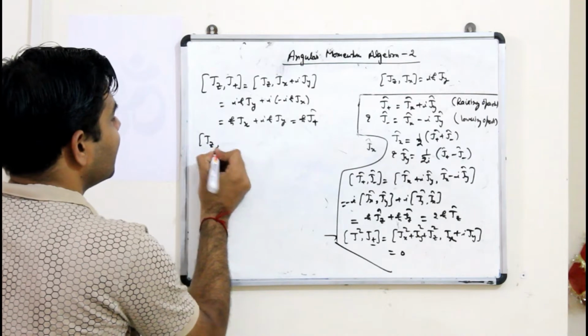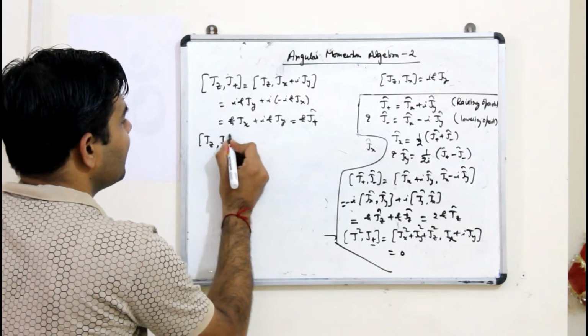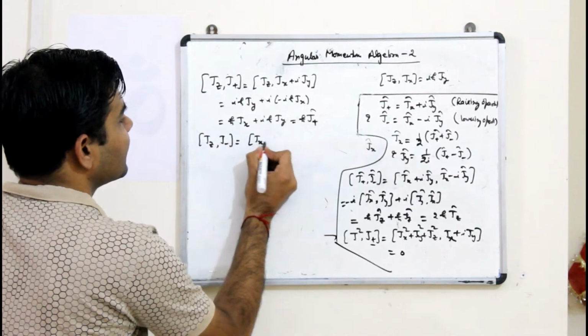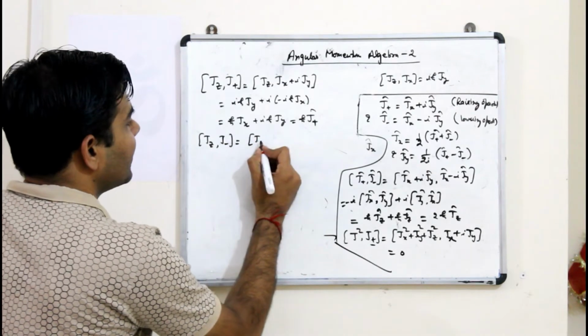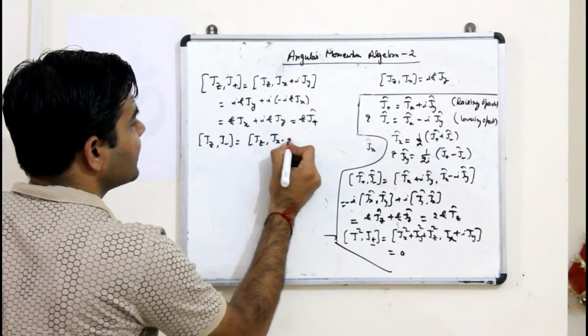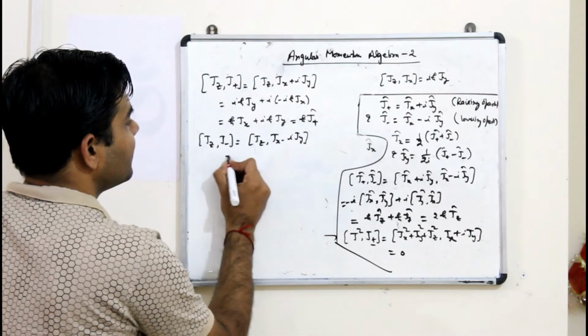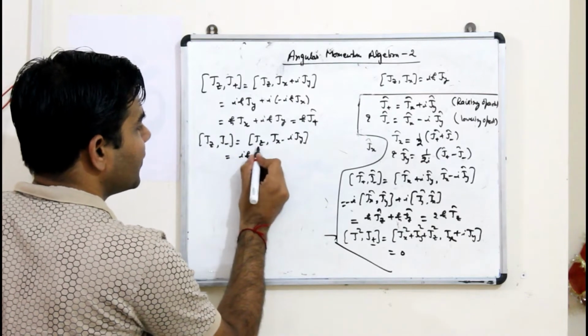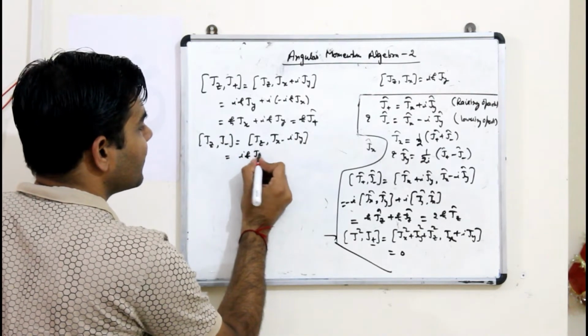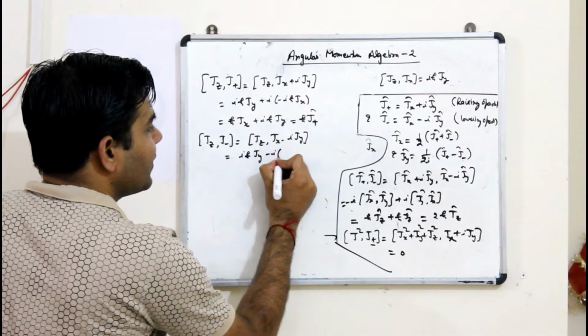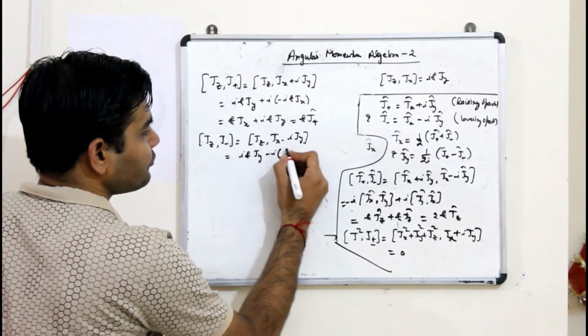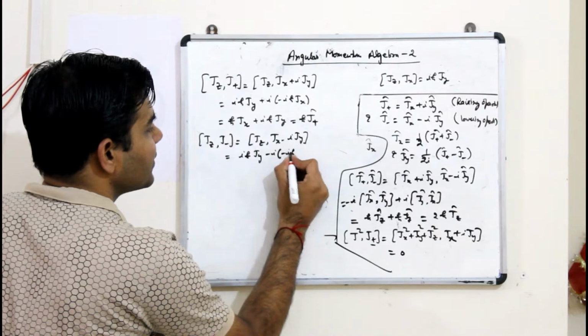While if we check the commutator of jz with j minus, this is jz with jx minus iota jy, which means iota h cross, since the commutator of jz with jx is iota h cross jy, and minus iota times the commutator of jz, jy, which is minus iota h cross jx.